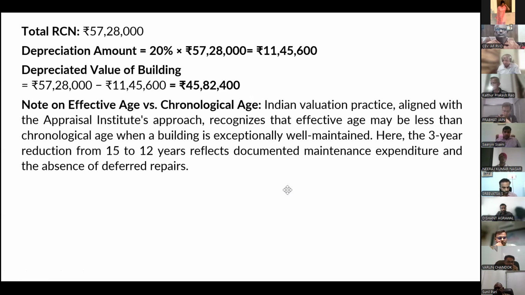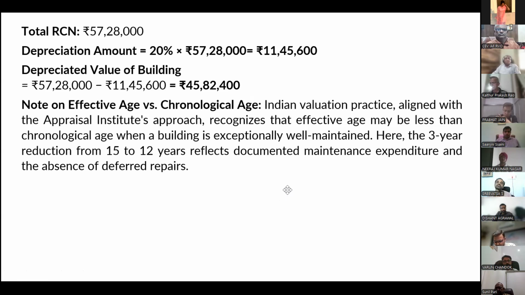So here depreciation is to be applied as we have been applying in our day-to-day valuation process. So you must know the difference in Indian valuation practice aligned with the appraisal institution's approach. It recognizes that effective age may be less than chronological age when a building is exceptionally well maintained.